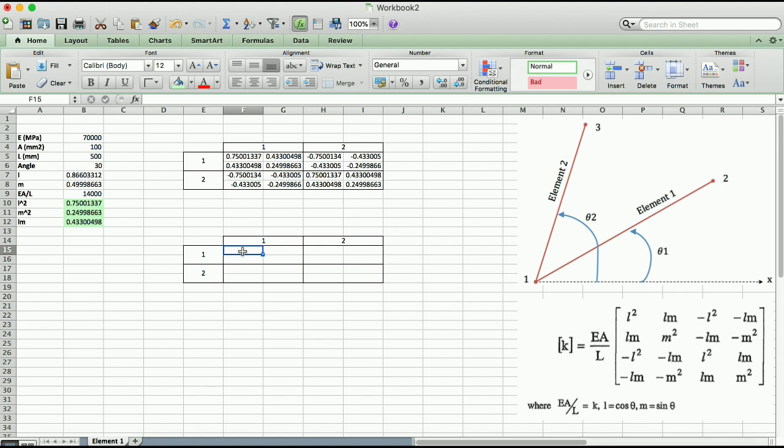Now, I will make this room equal to what we have on the relevant field, times EA over L, but since I've decided to extend this formula to all of the rooms to avoid repeating writing the formula, I will just put a $ sign next to B and next to 9.